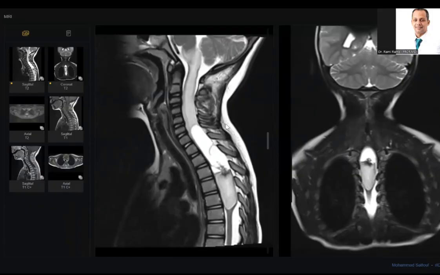This is a child. If we wait or deal with this patient like a regular patient, he may lose his motor function. Okay, doctor, thank you.